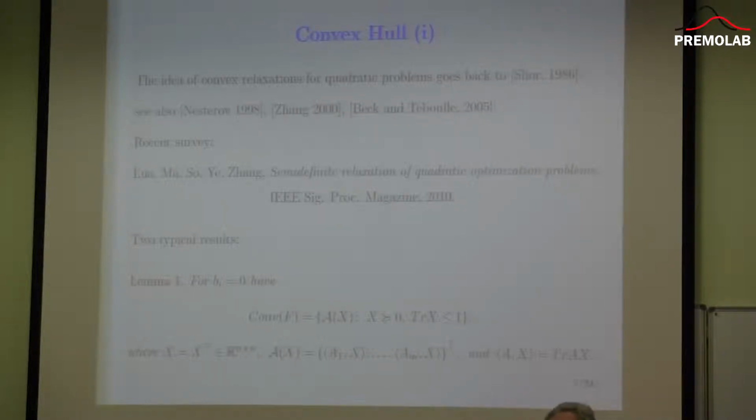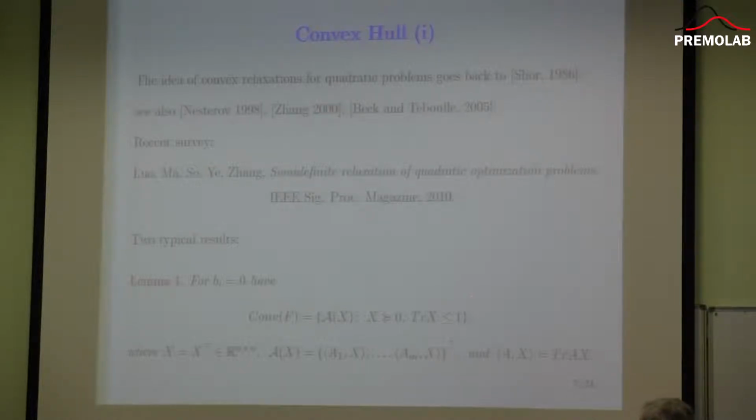Actually, for quadratic functions, the idea goes back to Naum Shor as early as 1986, and then it was developed by Yuri and many others. And there are many surveys on this stuff. For instance, here is the description of this convex hull.